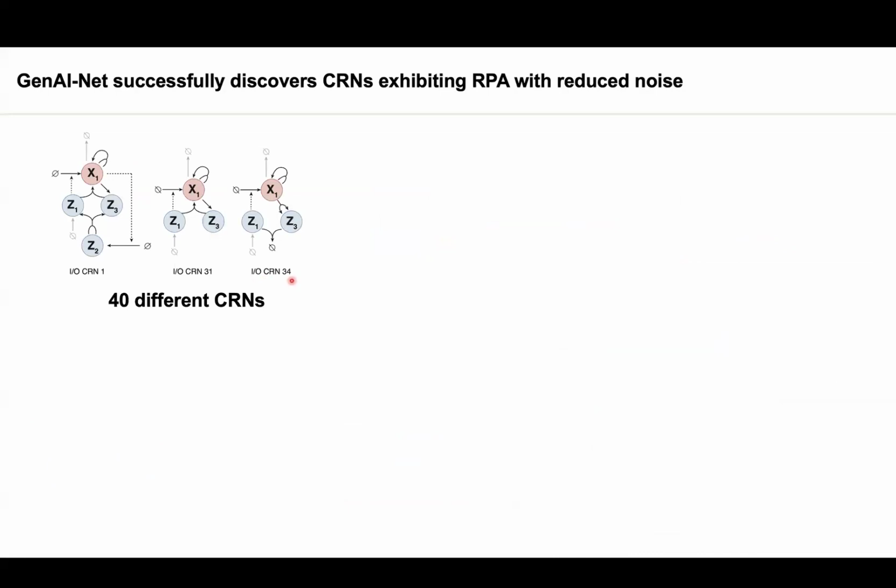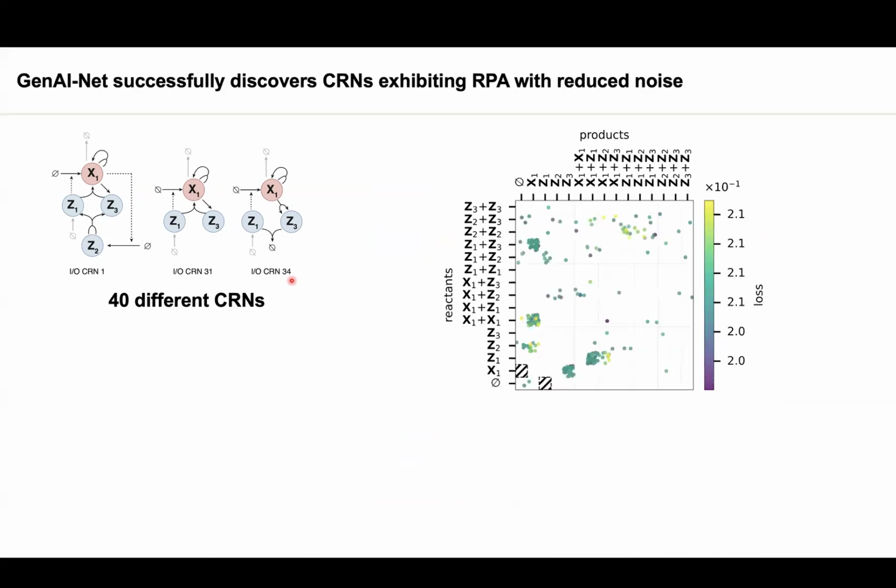Again, we sampled 40 different CRNs, which show a consistent mean level and small noise. We summarize all the reactions in these 40 different CRNs, and we can check which reaction is important to make this property, which is a stable mean and small noise.